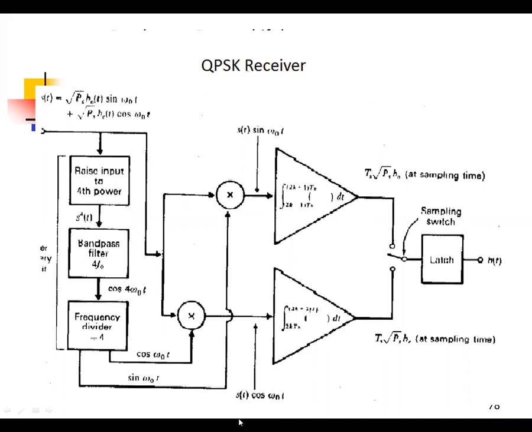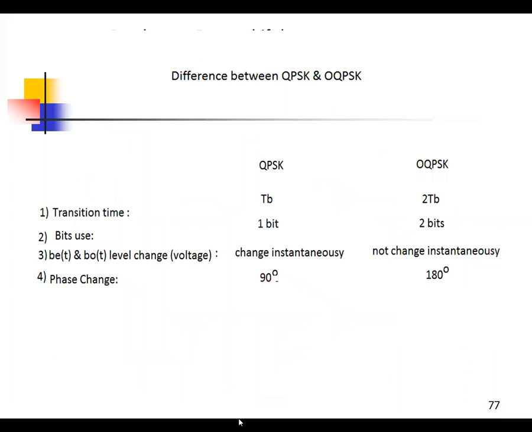In the differences between QPSK and non-offset QPSK, please make sure there are 4 different parameters taken: transition time, bit used, the level change, and phase change. These are the important ones. So next class we go for the QPSK receiver and all those things.